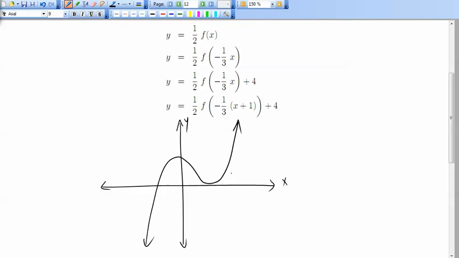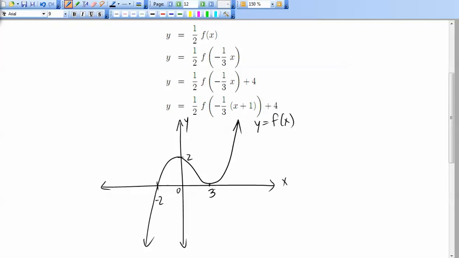Maybe my graph looks like this. This y-intercept, let's say it's at (0, 2). Let's say this x-intercept here is at (-2, 0). And this one over here is at (3, 0).